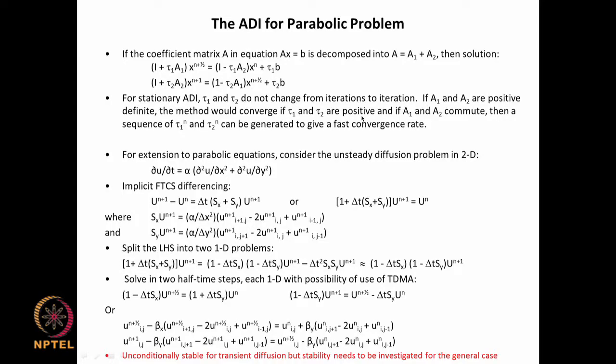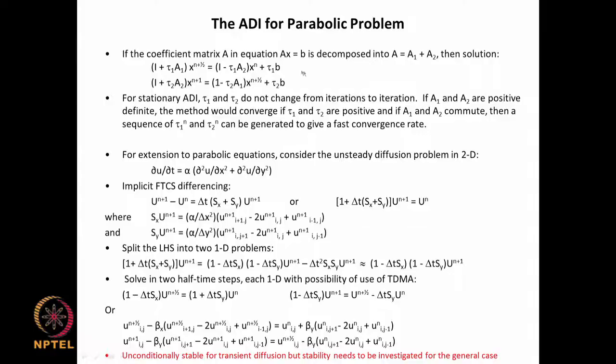So, the idea here is to say that there is no one approach to the solution of Ax equal to b. The idea here is not to say that this is the method by which we can solve. There can be different approaches for different things.